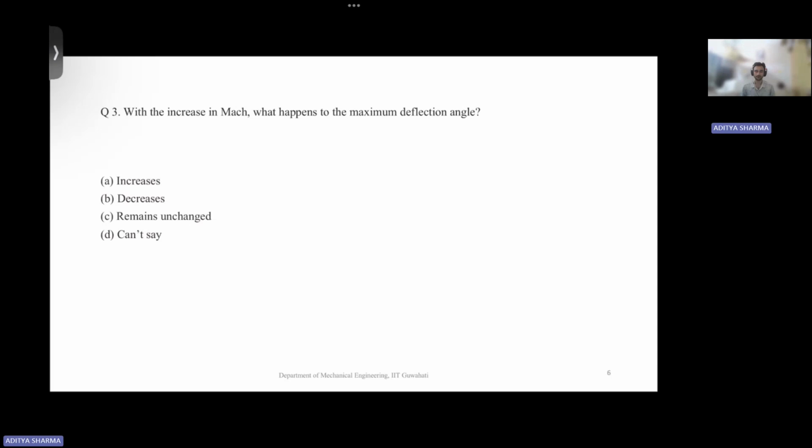Third question is there. So please read this question. Question says that with increase in Mach, what happens to maximum deflection angle?